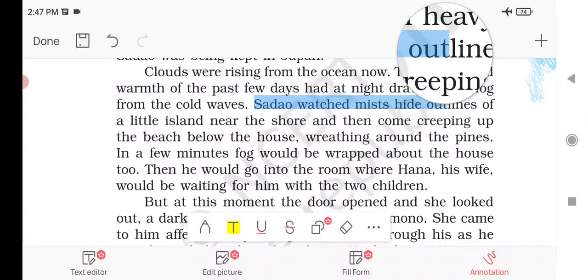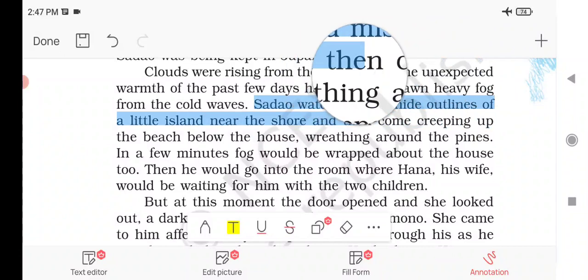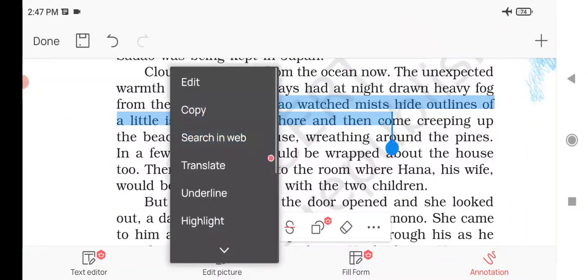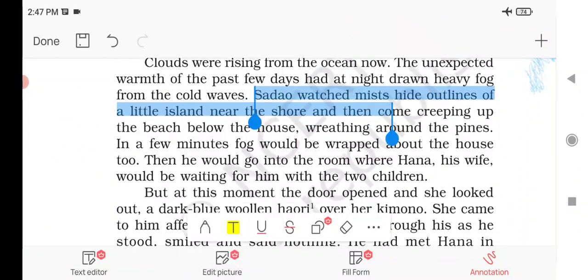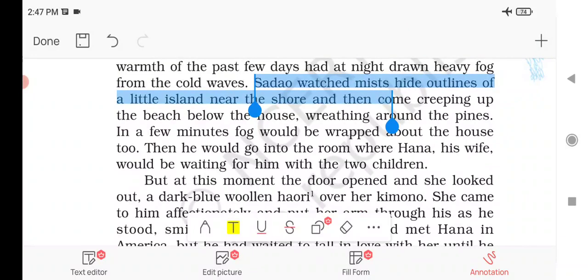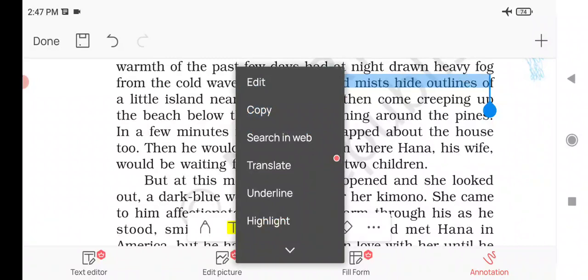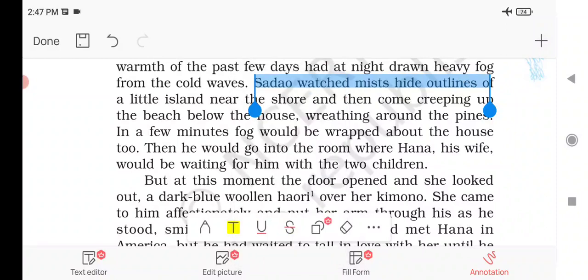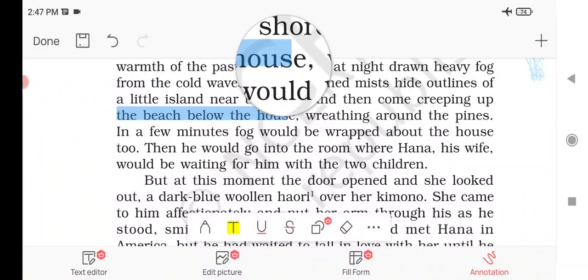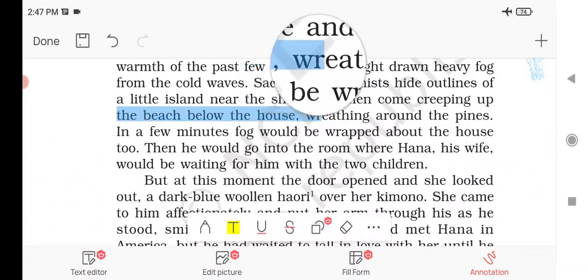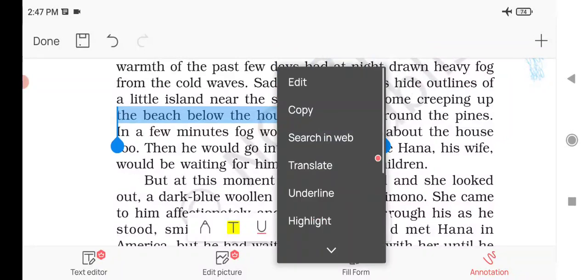So Sadao watched mist hide outlines of a little island near the shore, and Dr. Sadao could see that the boundary of the nearby island was being engulfed by the fog. Then come creeping. Creeping means crawling, coming towards. Then they come breaking. The fog started expanding, right? And the fog engulfed the beach that is in front of Dr. Sadao's house, wreathing around the pines, and it engulfed the pine trees.